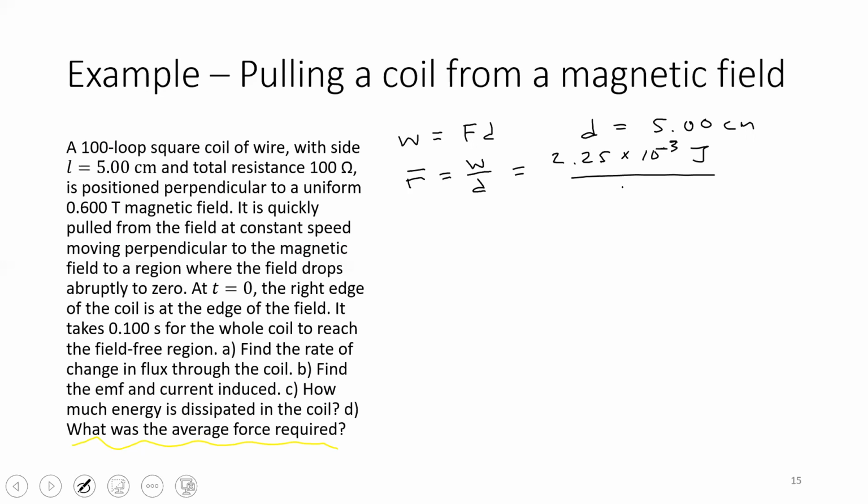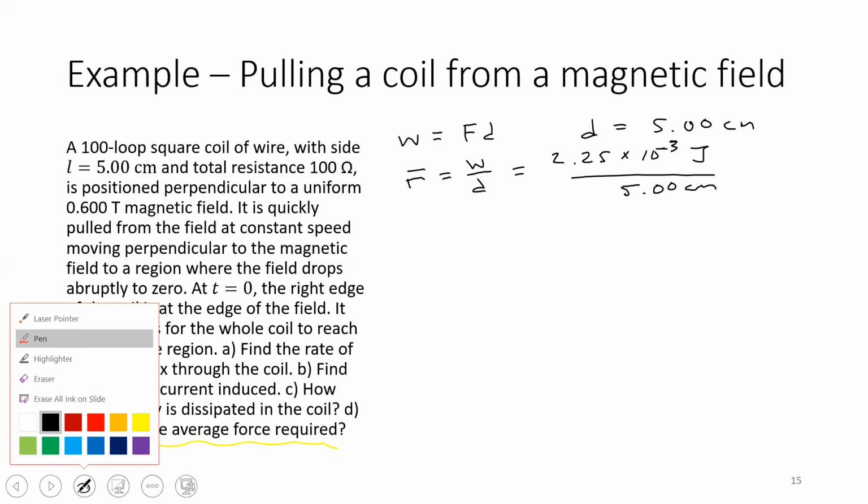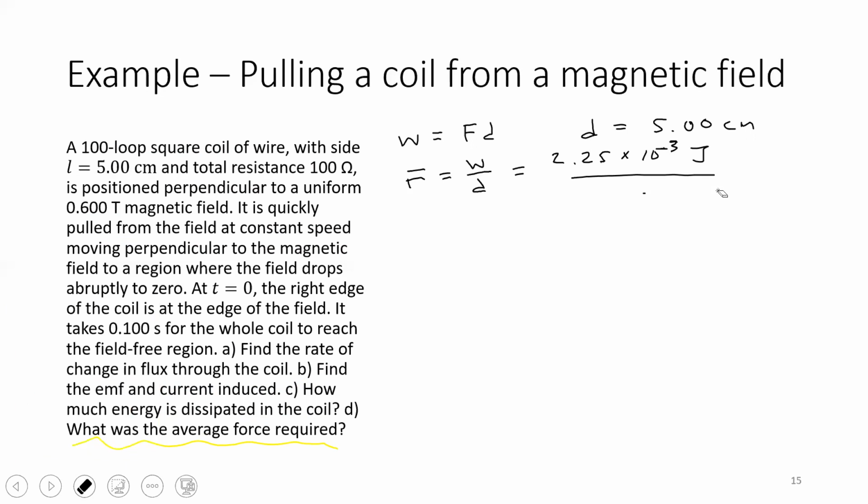And we do this energy dissipation over a distance of 5 centimeters. So maybe instead of 5 centimeters, I want to get myself in the right units, the units that are reasonable, 0.05 meters there. So if we take joules and divide by meters, we're going to give ourselves newtons.